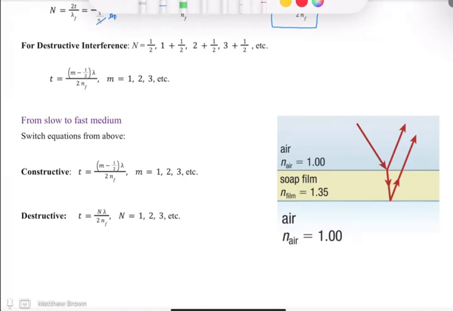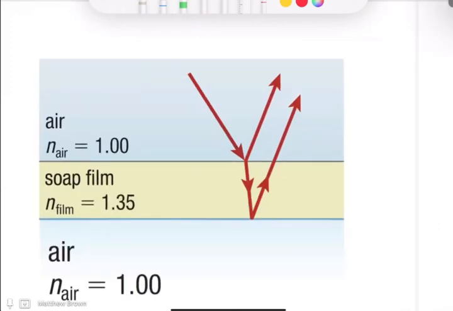So if you do the math, basically what ends up happening here is you just flip these two equations. And the reason is, remember that this one here, let's say this wave here, gets reflected in phase, or sorry, out of phase.